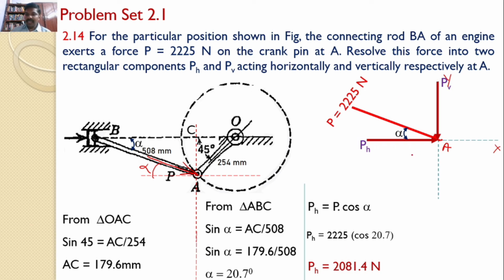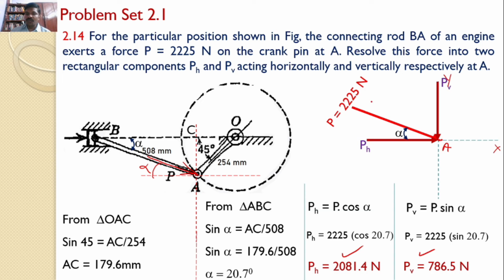Similarly, the component of the force along the y-axis is PV, and PV is equal to P into sine alpha, that is 3225 into sine 20.7, which is 786.5 newtons. These two are the answers for this problem.